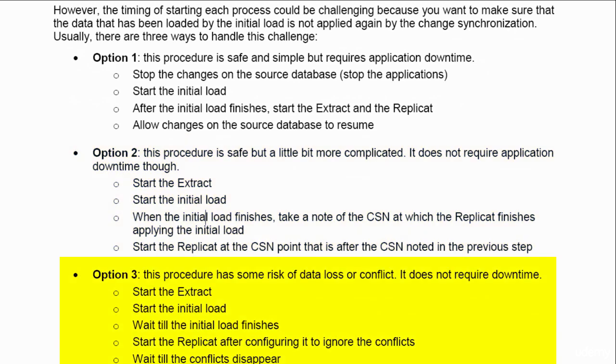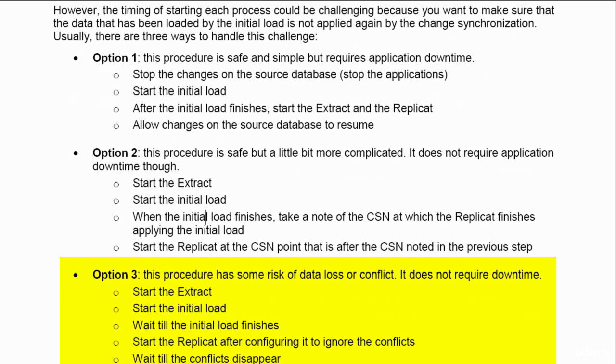With option number 3, the primary extract and the initial load are running at the same time. When the initial load finishes, the replicate starts applying whatever data it finds in the trail files. Of course, some data conflict will happen because some data must be already applied by the initial load.